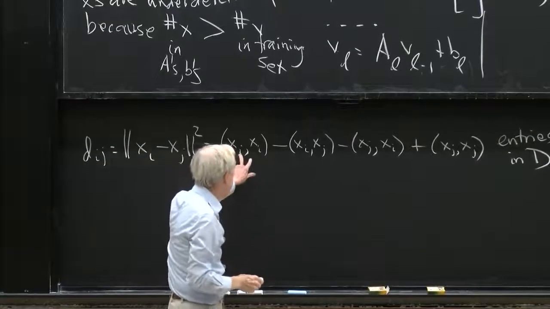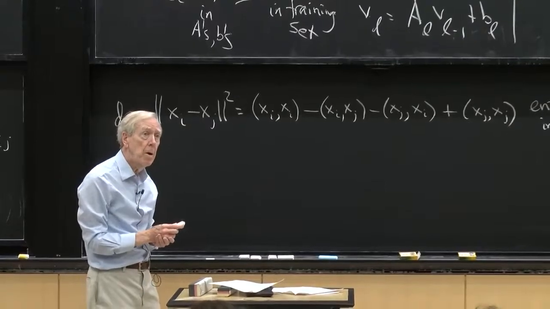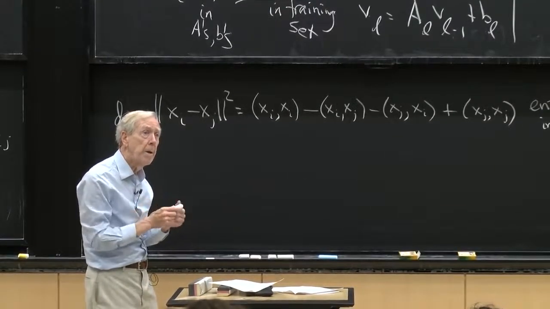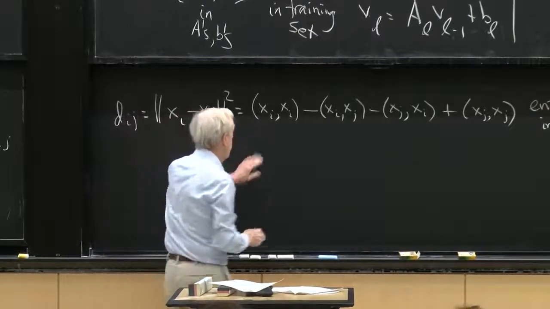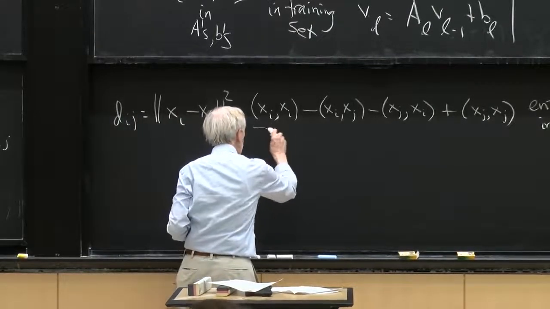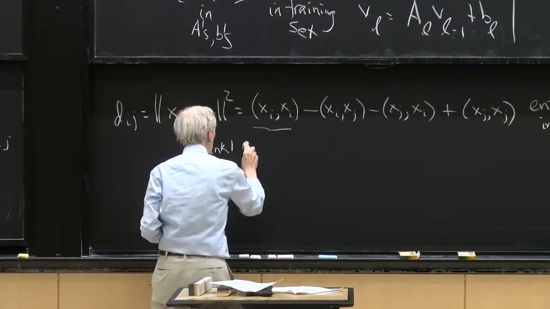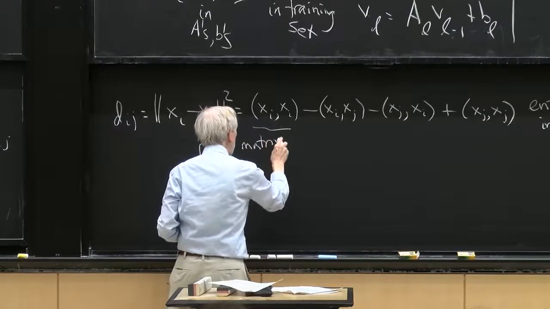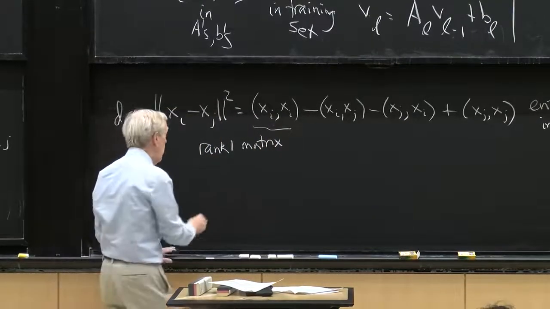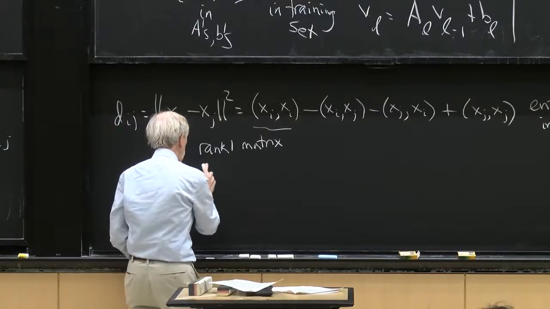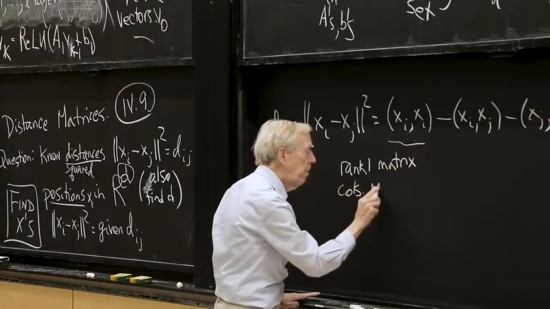Well, these entries depend only on i. They're the same for every j. So this part will produce a rank 1 matrix, because things depend only on the row but not on j, the column number. So columns repeated.